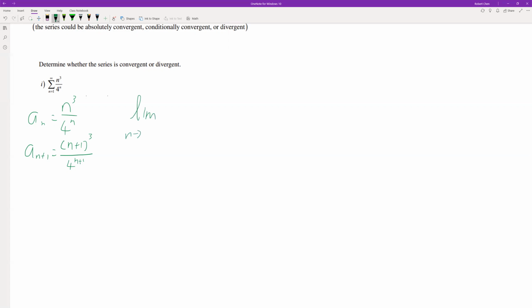The limit as n approaches infinity of the absolute value of a_{n+1} over a_n. And let's see what we have. We have the limit as n approaches infinity of a_{n+1}, that's (n+1) cubed over 4 to the n plus 1, multiplied by the reciprocal of a_n, which will be 4 to the n over n cubed.